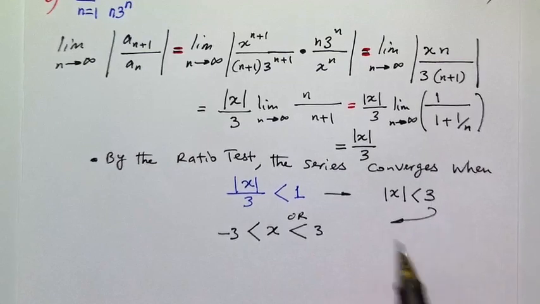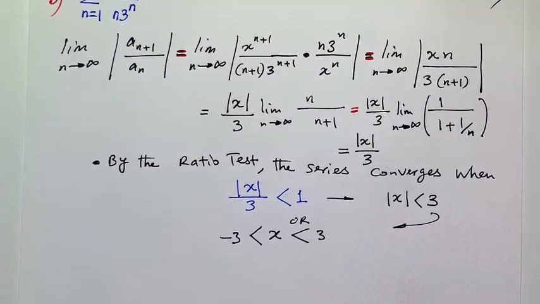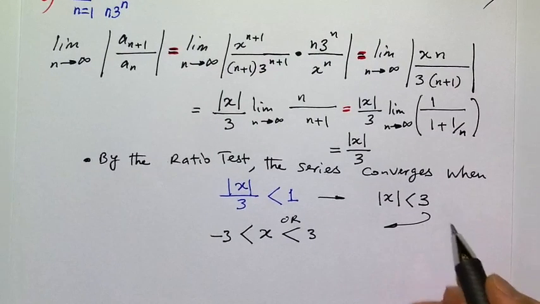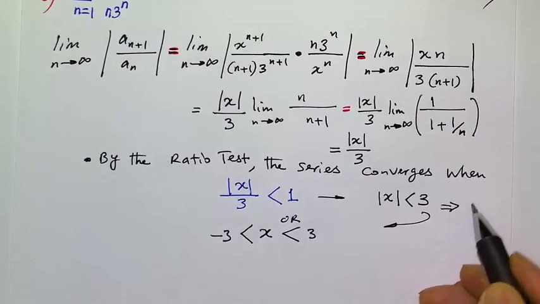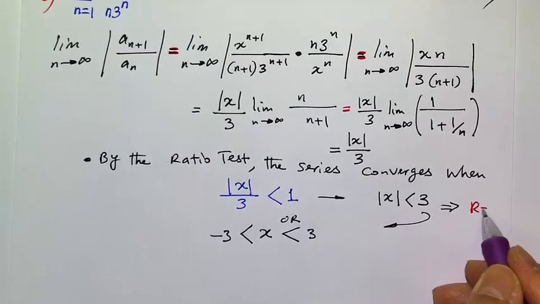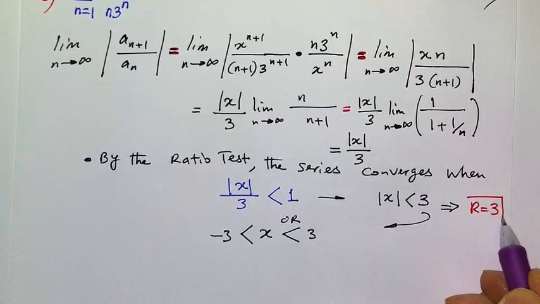So by the way, at this point we can write that the radius of convergence is equal to 3.